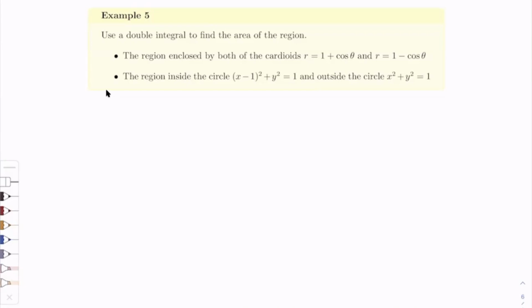The region is enclosed by both of them, so it's something bounded by both of the functions. Does that make sense? I'll draw it out. I'm pretty bad at drawing this, but I'll draw it so that it's more clear.